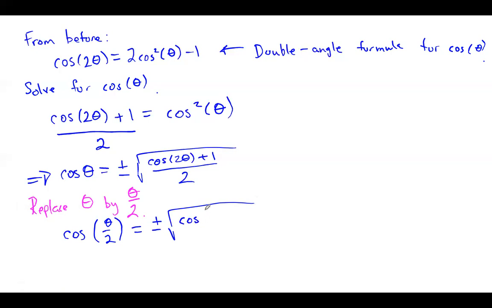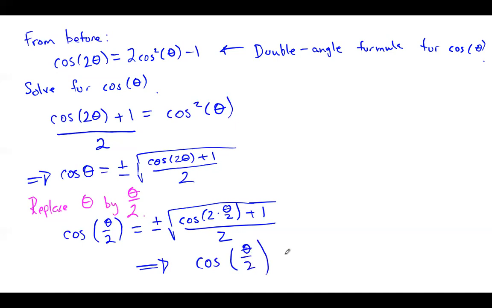Now this is 2 theta, but theta is being replaced by theta divided by 2, plus 1 divided by 2. You see, the 2's will cancel, and we got our answer here: our half angle for cos is equal to plus or minus square root of cos theta plus 1 divided by 2.